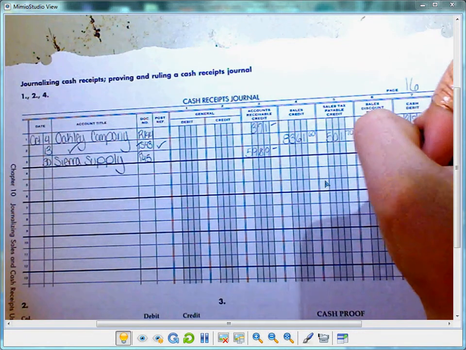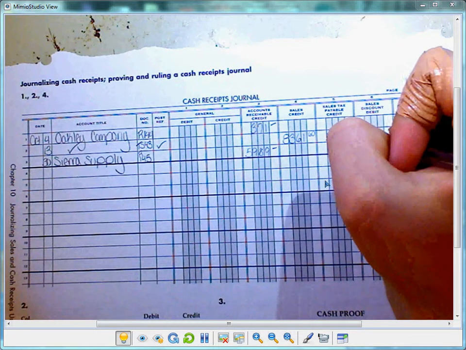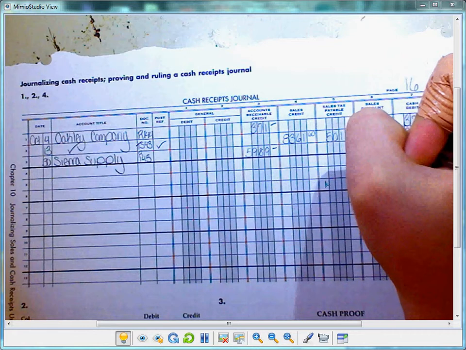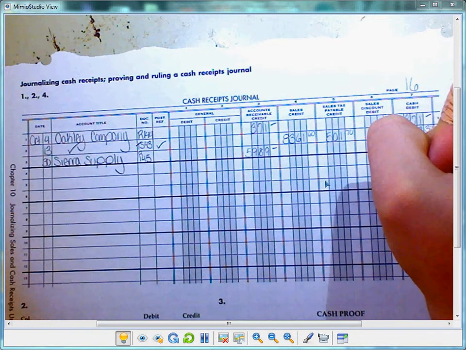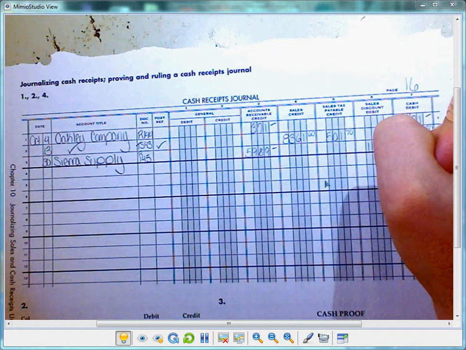Sales discount, $119.78. So what are we going to do to figure out our cash? The accounts receivable credit minus the sales discount. We should get $5,869.22.